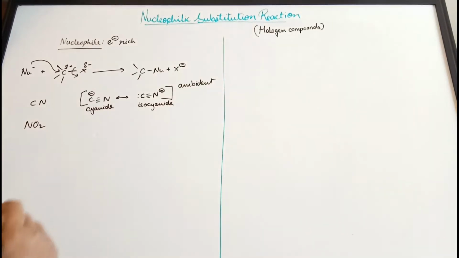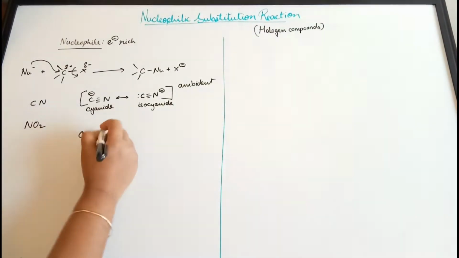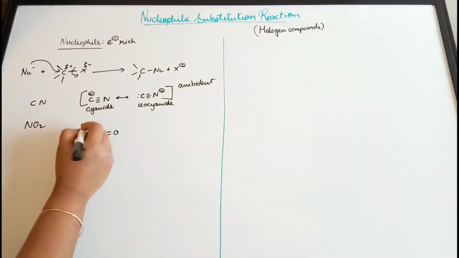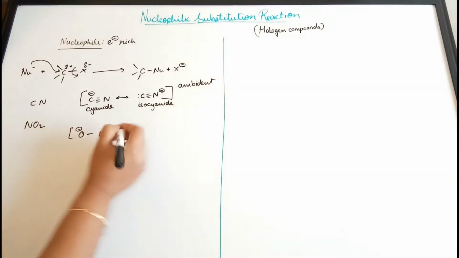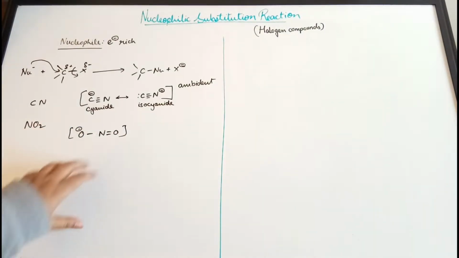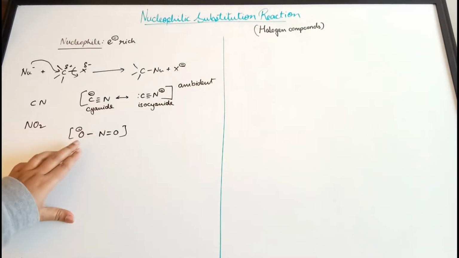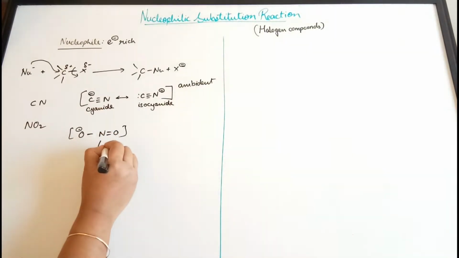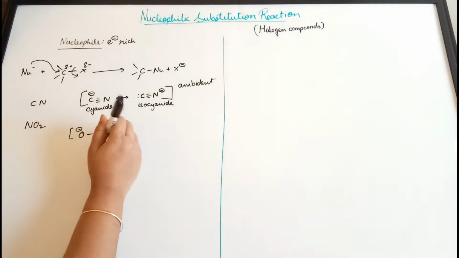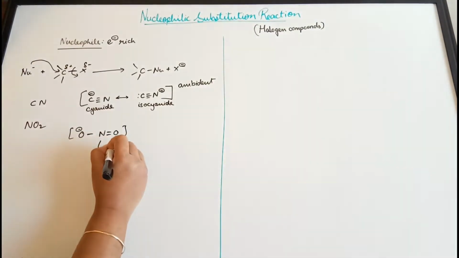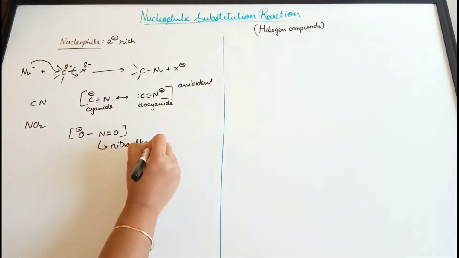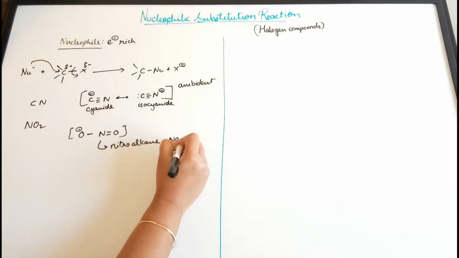Next is the NO2. Now NO2 is O, N, double bond O, and this oxygen has a minus charge. Now either the nitrogen atom can form a bond or the oxygen atom. So if the nitrogen atom acts as the nucleophilic center, you will get a nitroalkane. So it'll attach as NO2.